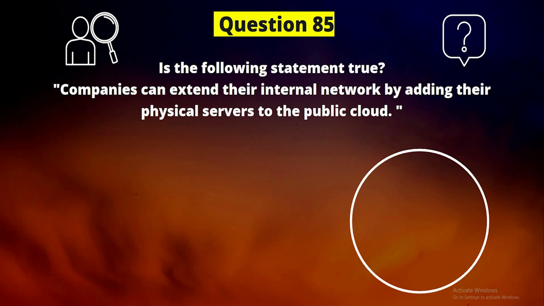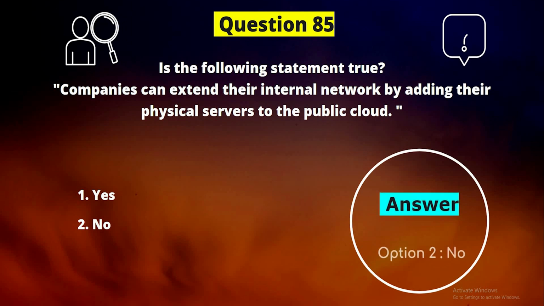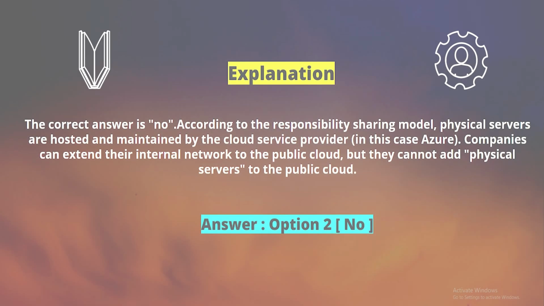Question 85. Is the following statement true? Companies can extend their internal network by adding their physical servers to the public cloud. And the options are: Option 1, yes. Option 2, no. And the correct answer is option 2, no. Explanation.